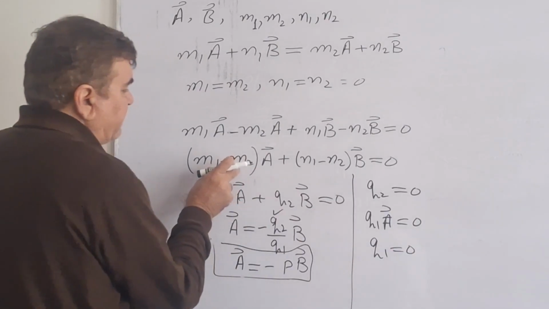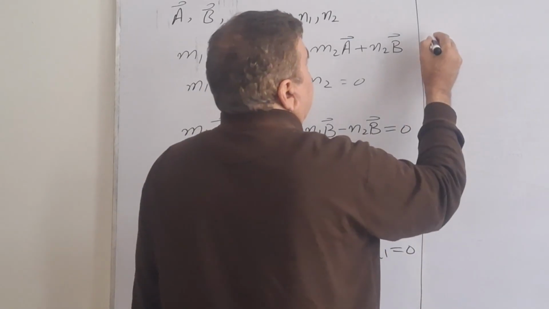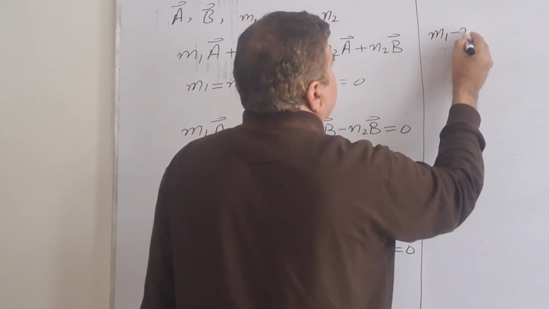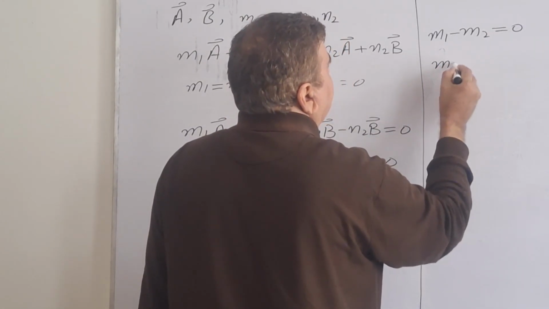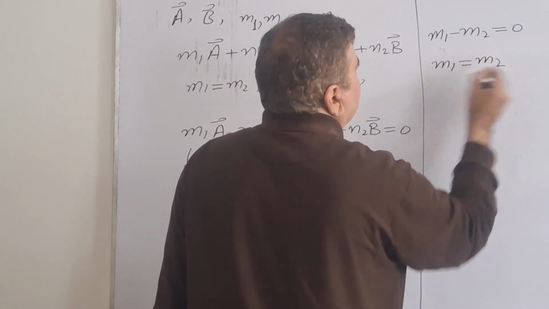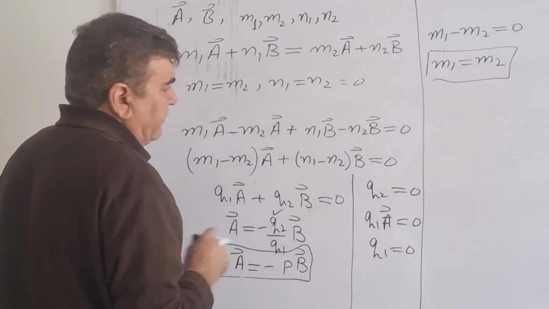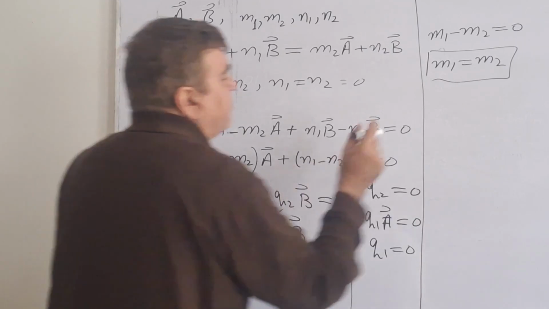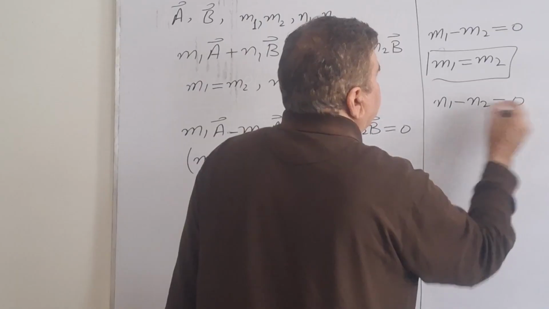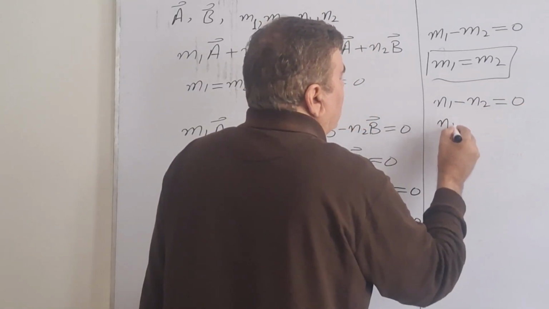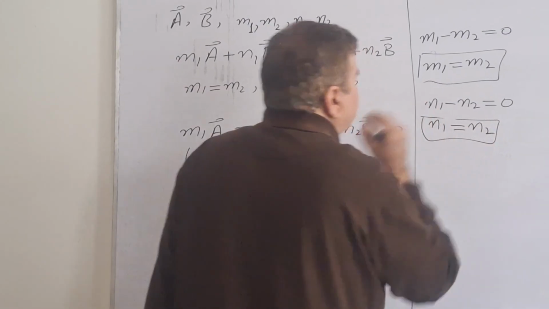That means q1 we have set equal to this thing, so that means that m1 minus m2 equals 0, or from this I can write m1 equals m2. And similarly, from q2 equals 0, that means n1 minus n2 equals 0, which means n1 equals n2.